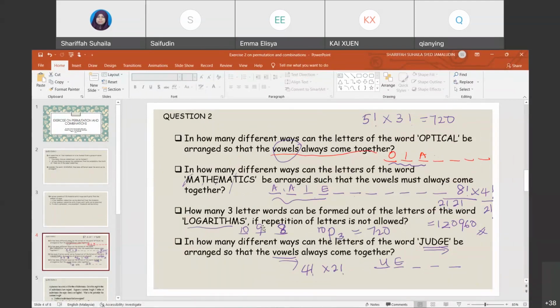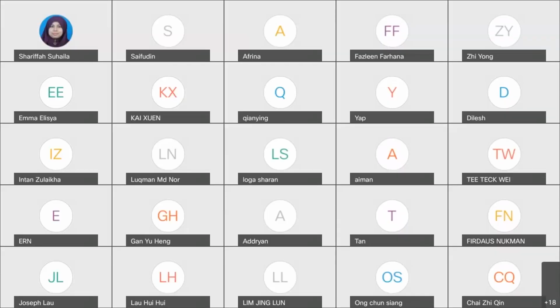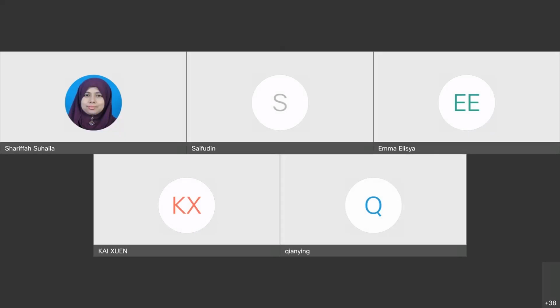Yes, we go back to the notes in the module. We go for the definition of combination, and later we will look at everything together.